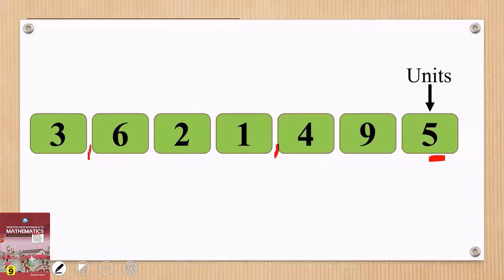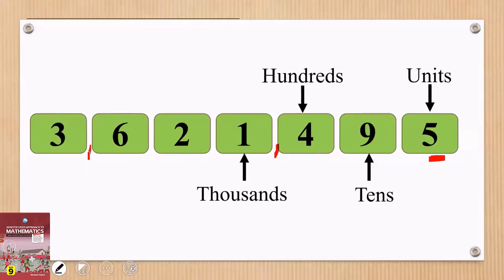Okay. And then the 9 here represents the tens. And so the value here is going to be 90. This one represents hundreds. And so you're going to say 400. The position of this one is thousands. Okay, so that becomes 1,000. This represents the 10,000 position.